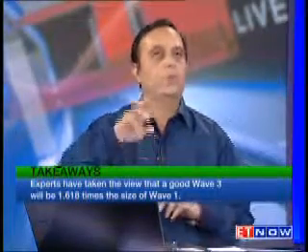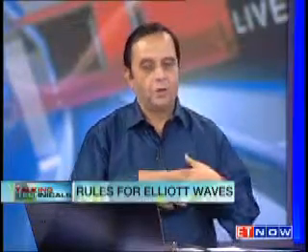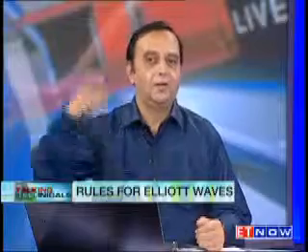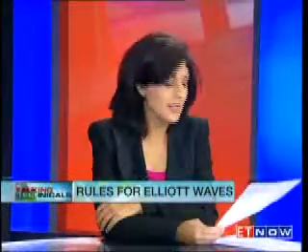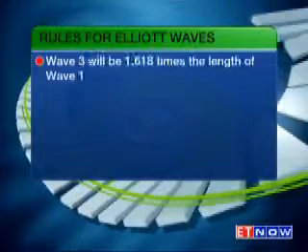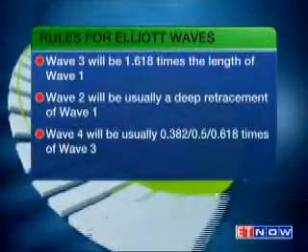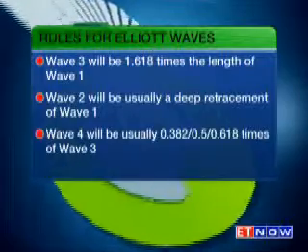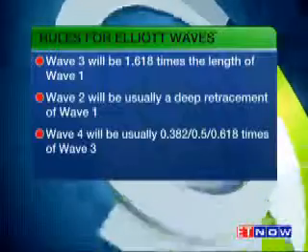So like that, for each of the waves we have built in, and we have actually borrowed from the Fib series and said that, okay, wave 2 should be so much retracement, wave 4 should be so much retracement, wave 3 should be so many times of 1, 5 should be so many times of 0 to 3, and etc. Okay, and I think you can see that on that table once again, and basically wave 2 will usually be a deep retracement, more than 50% of wave 1, that's what we were talking about. Wave 4 will usually be one of those three ratios of wave 3. We have three out there, 0.38, 0.5 or 0.618.